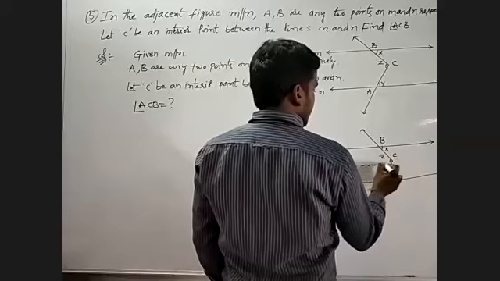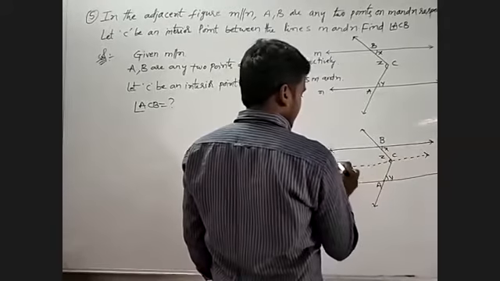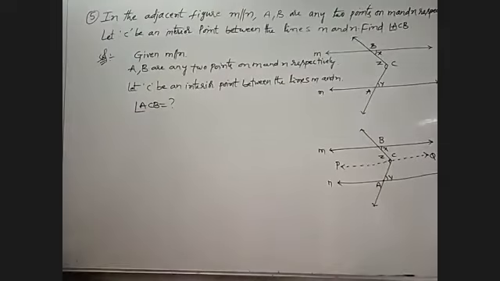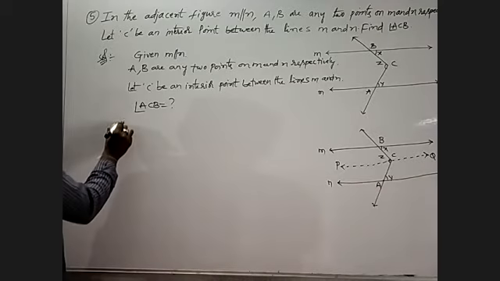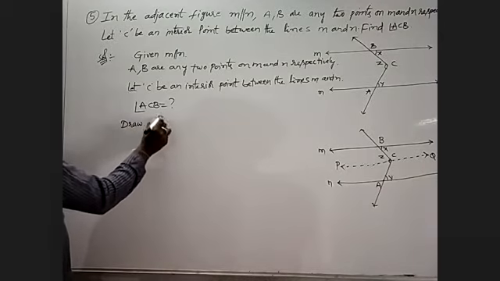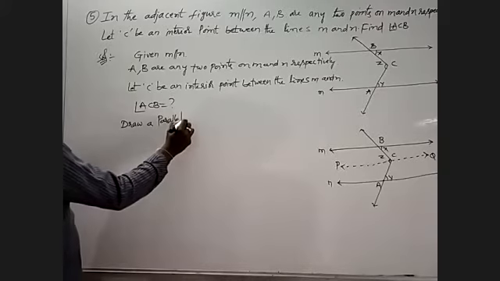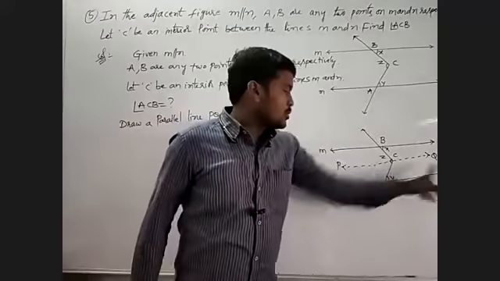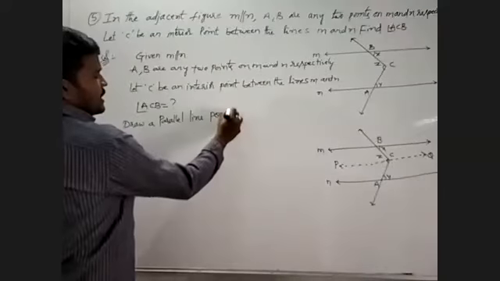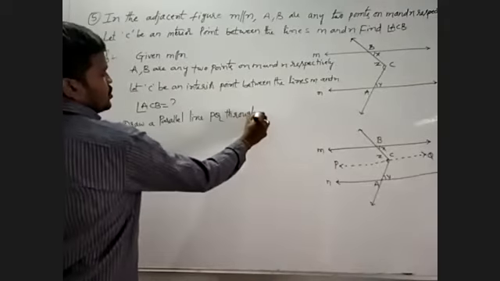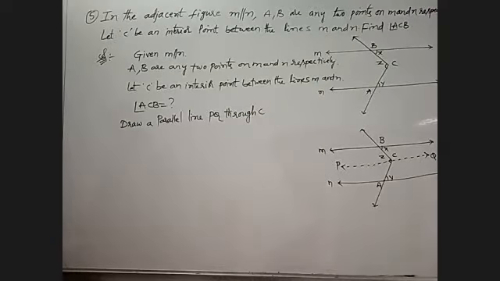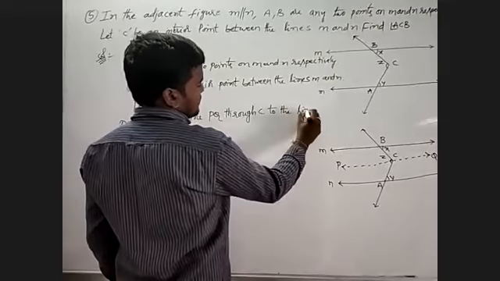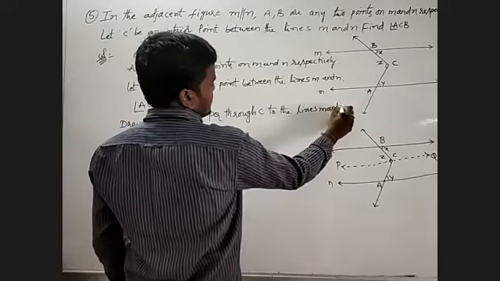I will draw a parallel line PQ. PQ is a parallel line to M and N. That is what we'll write: draw a parallel line PQ through C. Once again, I will explain.